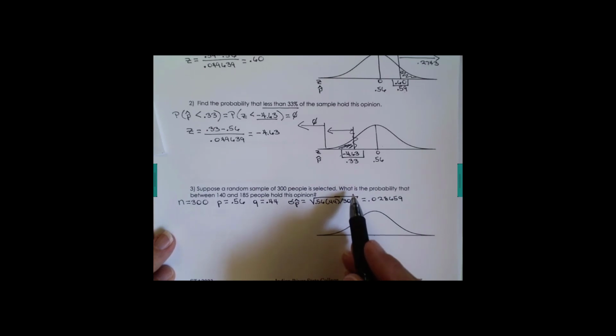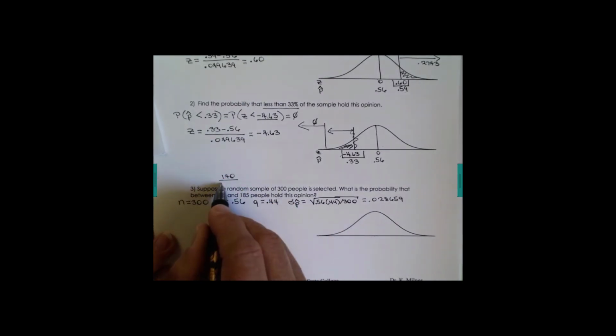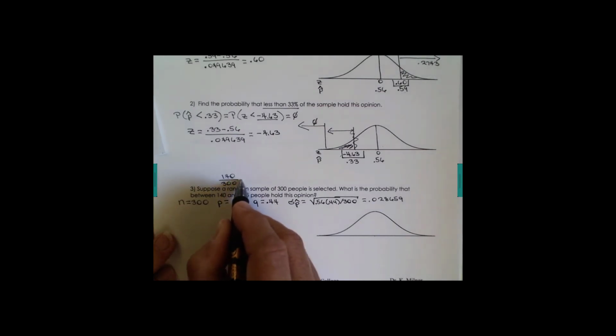And then it says, I want my probability statement. What's the probability that between 140 and 185 people hold this opinion? Now, that's a problem because they didn't give me the proportion of people that hold the opinion, but they did give me the numbers to calculate it. So what would I do? Well, I have to say, what's the proportion of 140 out of 300, right? Well, 140 out of 300 is a simple division problem, and I can come up with a proportion there, 0.47.